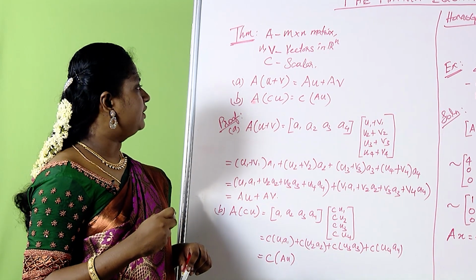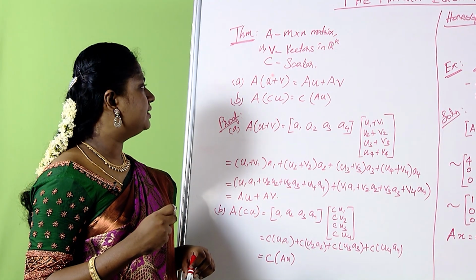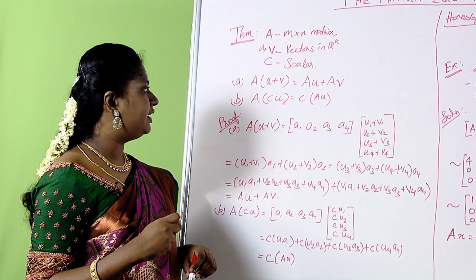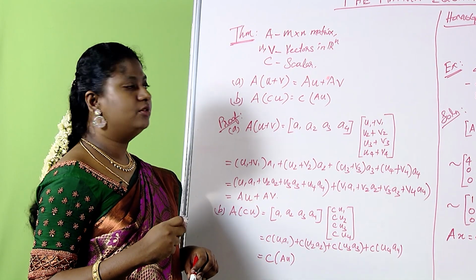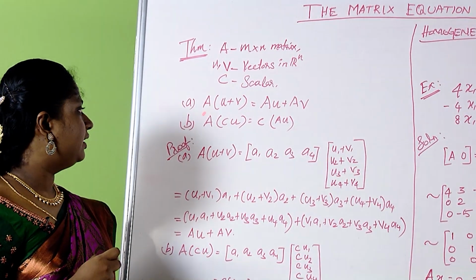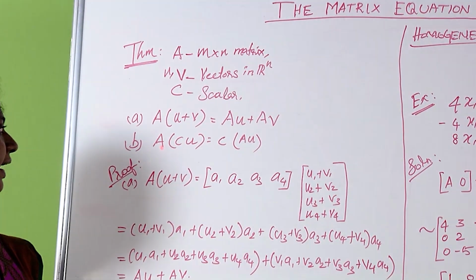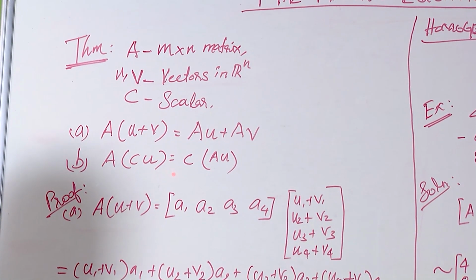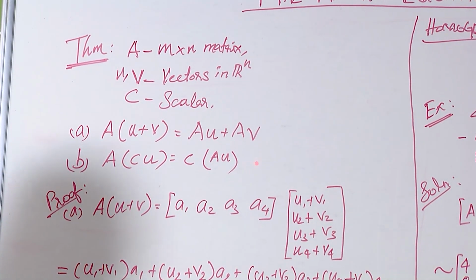Now, we are going to prove these two properties. The first one is A(u + v) = Au + Av, that is the linear property, and the second one is A(cu) = c(Au). So, this is what we are going to prove now.